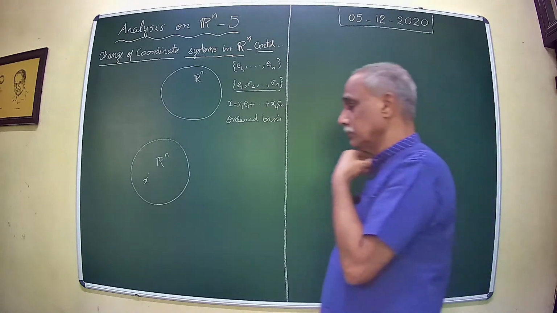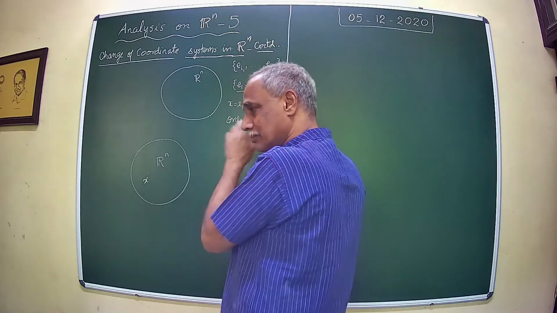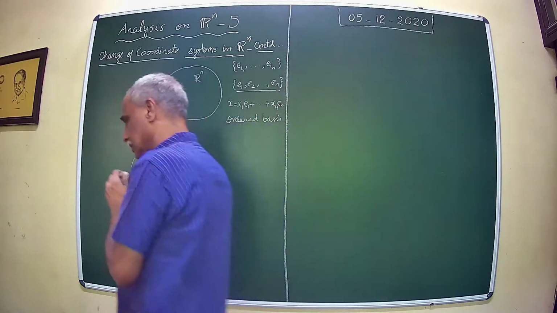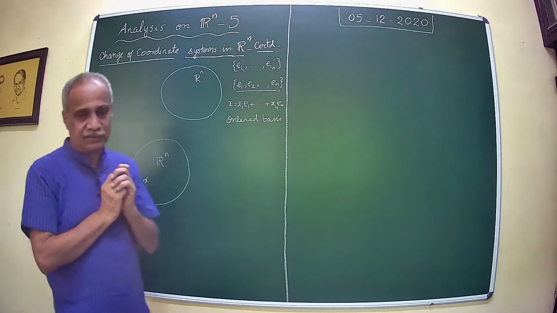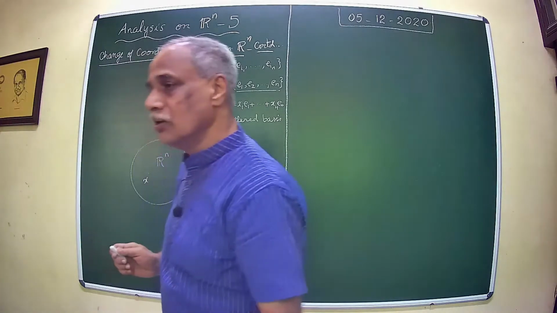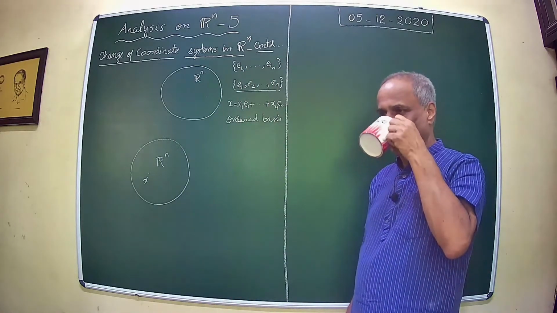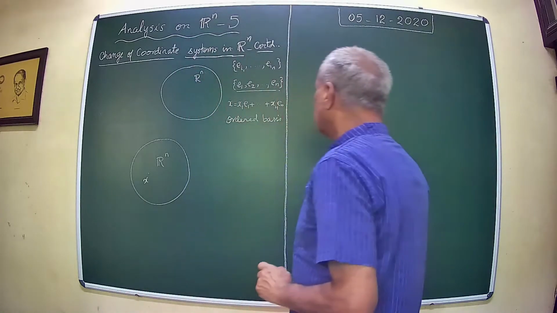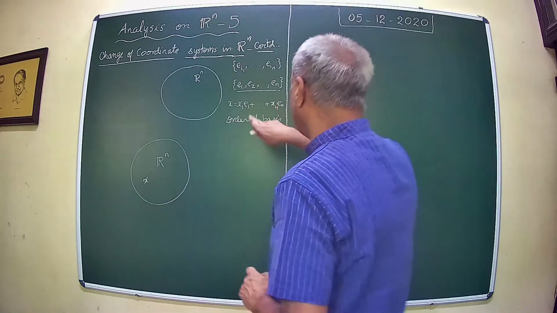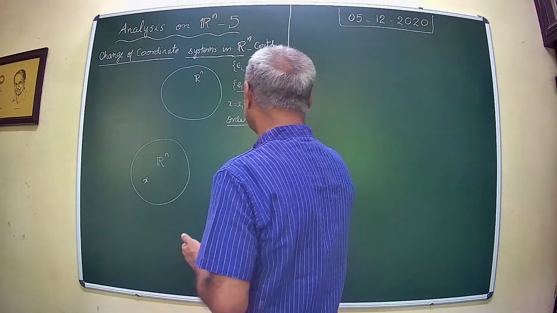Then as a basis there is no difference because both the sets are the same. However, as an ordered basis the two are different, because you are going to say what is the first element, what is the second element, and so on.